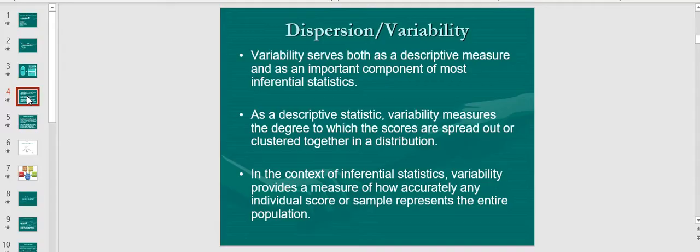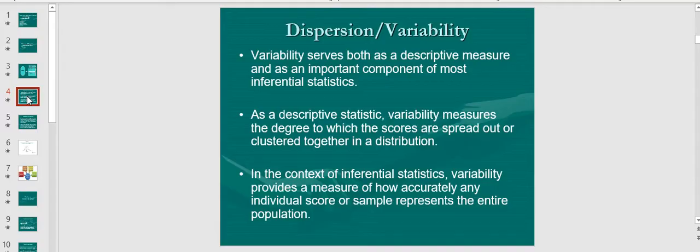The mean and the standard deviation, which is one method of measuring variability, are two very important descriptive statistics of a given set of data. They describe the set of data, and standard deviation or variability is also an important component of most inferential statistics.